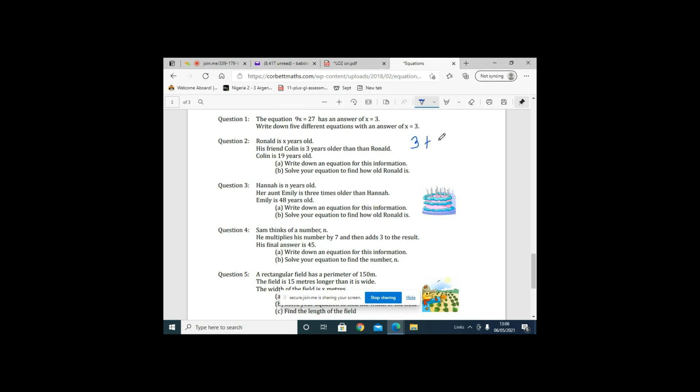So 3 plus X. When you say older, it means you add 3 plus X. So write down the equation for this. Colin is 19 years old. So it's going to be what? 3 plus X equals what? Equals 19. So you now say X will be equal to what? 19 minus 3. So X equals 16. So that is Roland's age.